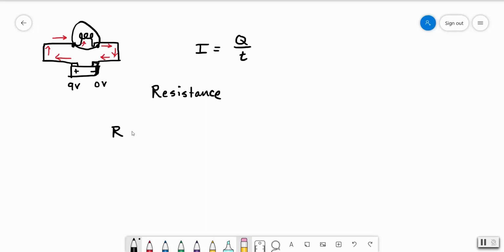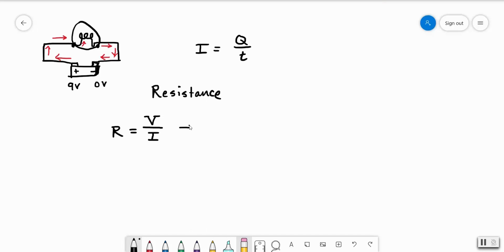So the resistance is simply equal to the voltage or electric potential divided by the current. What this means is that if we have a resistor like a bulb, a bulb has a certain resistance to it, and if you want to increase the current, then you'd have to increase the voltage also.